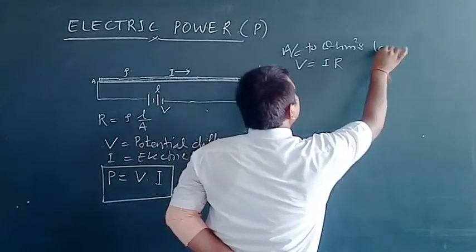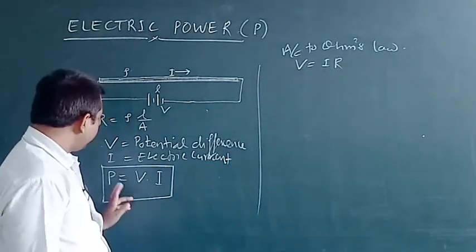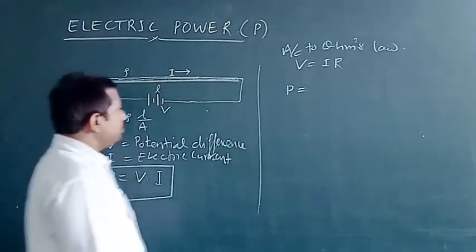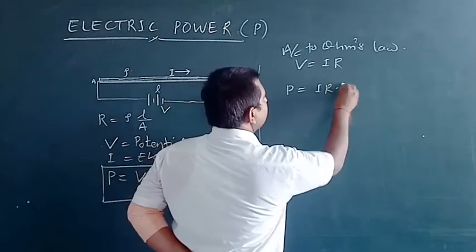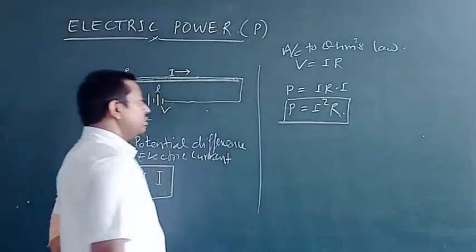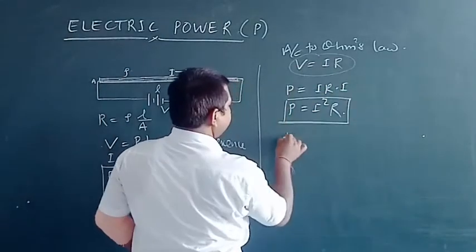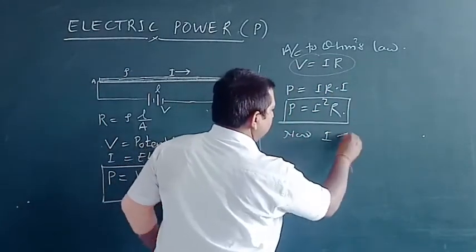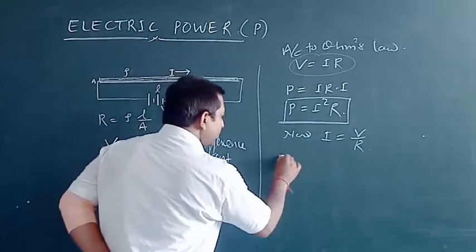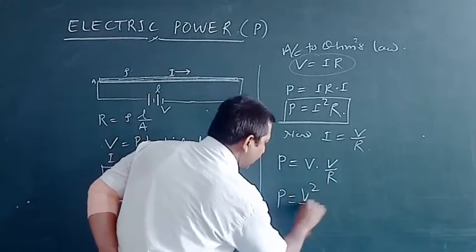So, if we put the value of V as IR, then we get P is equal to IR dot I, it means I square R. Now from here, if we put I is equal to V by R in this equation, then we get P is equal to V dot V by R, it means P equal to V square by R.